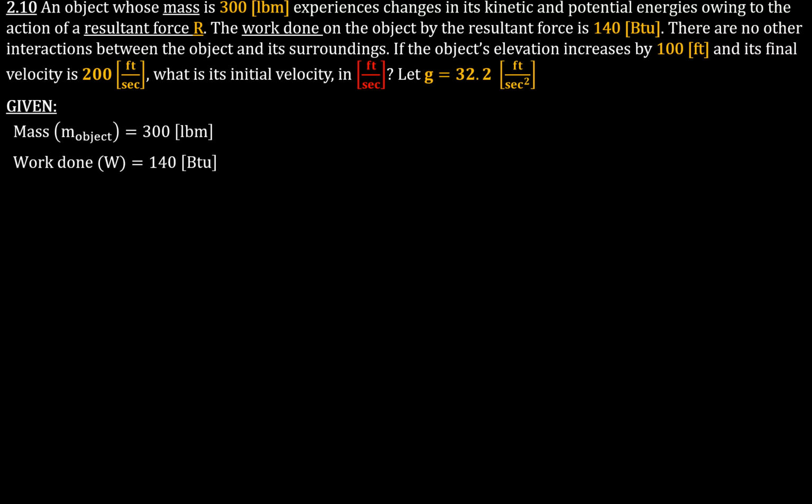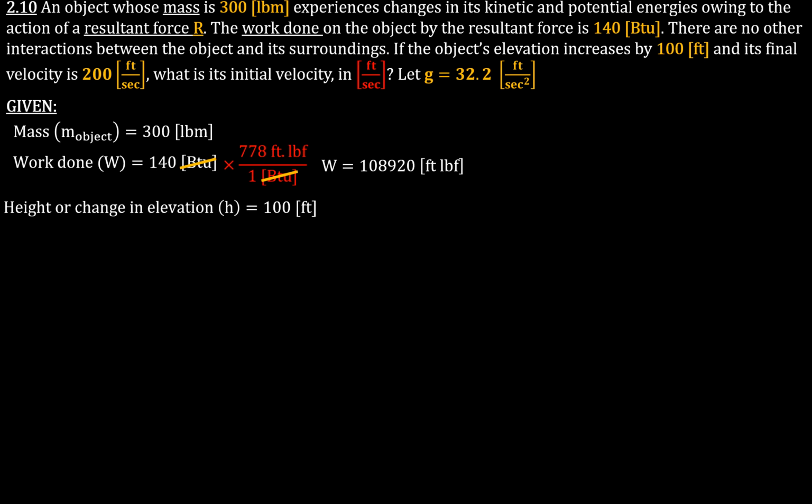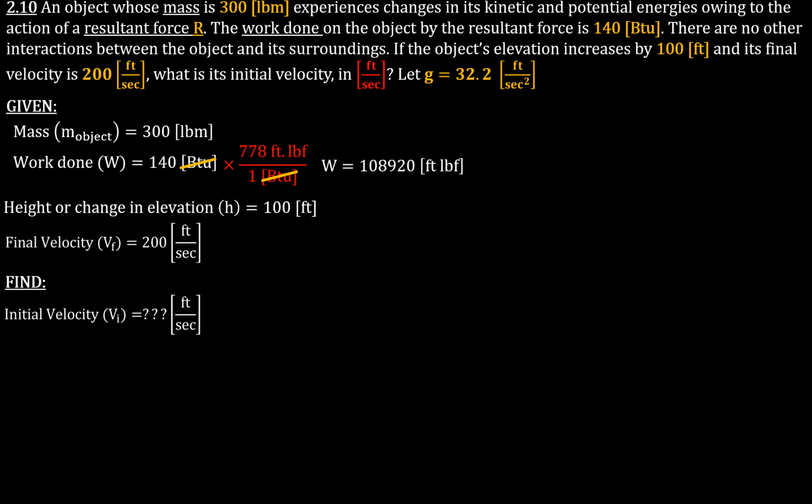Now, from the problem, we want our units to be consistent, so we divide by this conversion factor, where a BTU will cancel with a BTU, and when we use this conversion factor, we will get the correct unit that we want in foot pound force for work. Now the height, or change in elevation, is 100 feet. The final velocity is 200 feet per second. What we need to find is the initial velocity, v sub i, in feet per second.